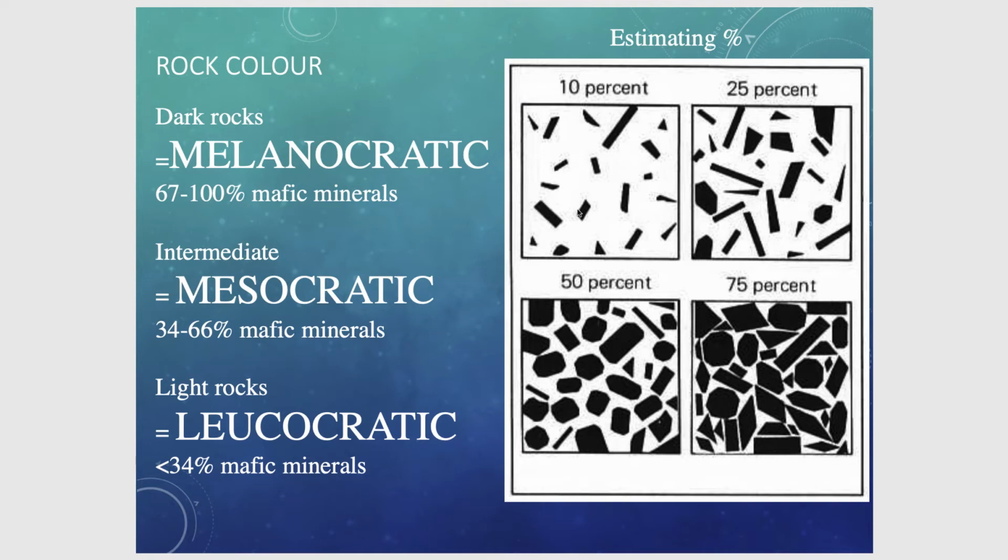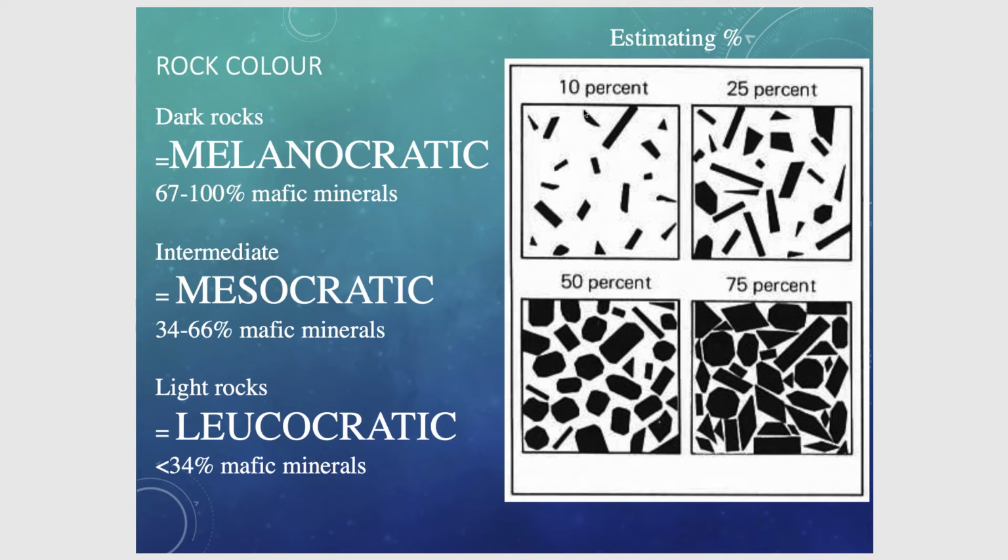But the important thing is that you don't call a rock that has 10% mafics a melanocratic rock. So it's important that you connect the term melanocratic with rocks that are enriched or have more than 75% of mafic minerals. And the opposite is true for leucocratic rocks, which will have less than 34% mafic minerals. So we are in this realm.